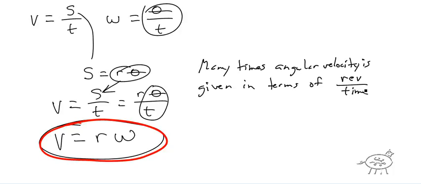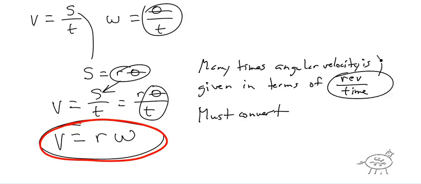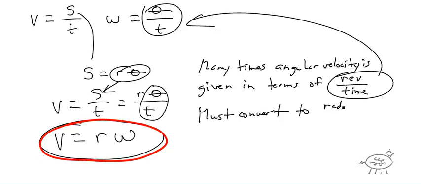That really doesn't happen. But you'll hear, I'm spinning around at 100 revolutions per minute, or 200 RPMs, revolutions per minute. And that's fine. Many times you're given revolutions per time, and you must convert. This is just a recognition thing. That is your angular velocity, but you have to convert that to radians per time. Very, very important, so just be aware of that.